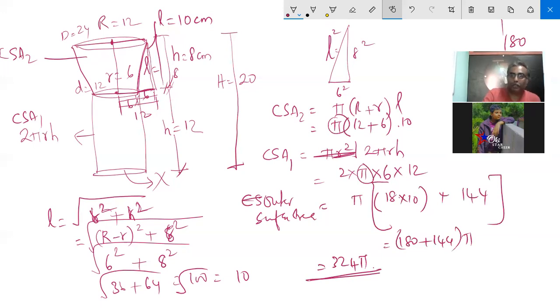Now, if you want to convert it, you can convert it into 22 by 7. 324 into 22, 2 times 648. Again 648. So 8, 12, 7028 divided by 7. It will go once.